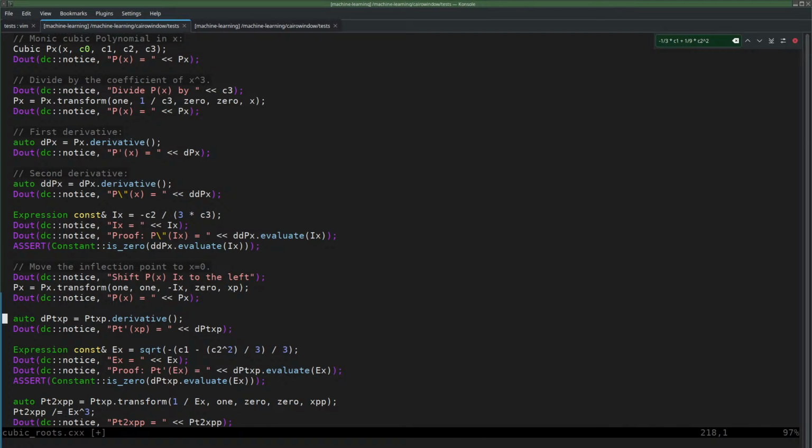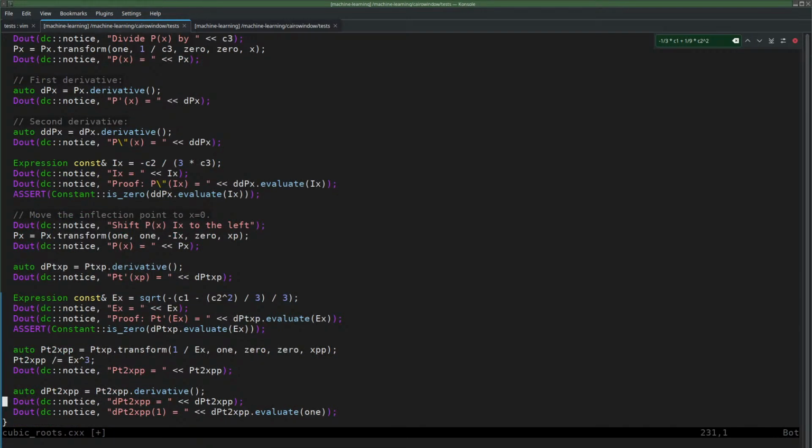Am I even interested in the derivative? Maybe I am. I want to verify that this is 0, but it doesn't work. Maybe I should use some numbering though.